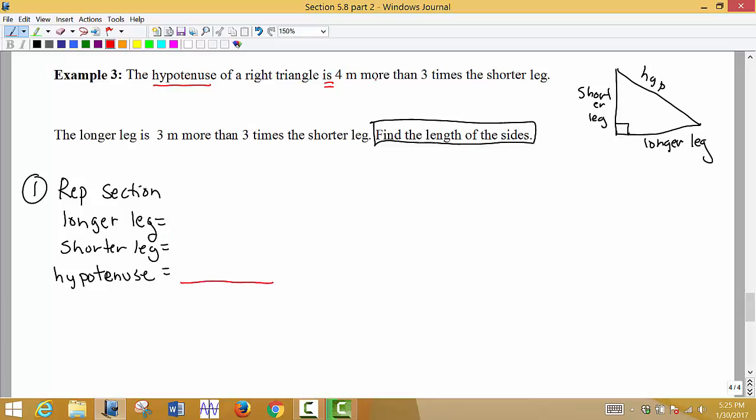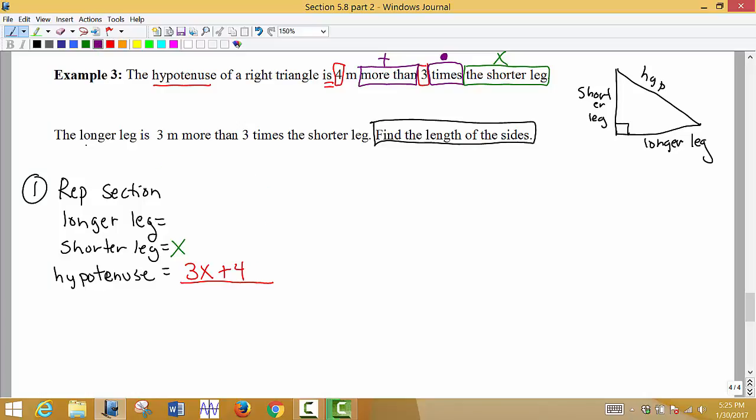The hypotenuse equals, I have the number 4, I have the number 3, we have the phrase more than, which we know means plus, I have times, which means multiplication, and the other thing that I'm being asked to find is actually mentioned within this description. So we're going to let the shorter leg be x. So now we know that the hypotenuse will be represented as 3 times x plus 4.